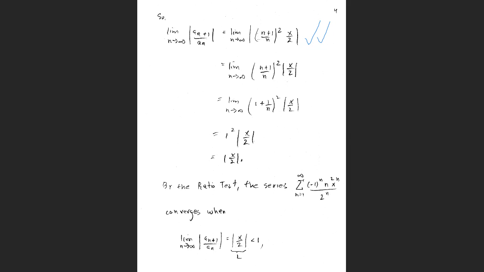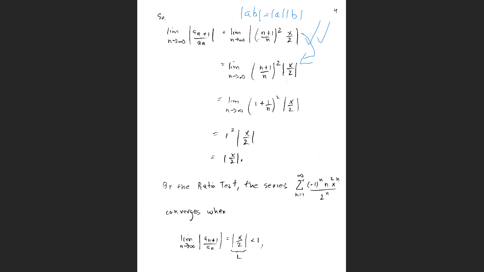Now, the thing is, the absolute value of x over 2, well, I can write this. The absolute value of A times B is equal to the absolute value of A times the absolute value of B. And so that's what I've used to go from this step to that step.